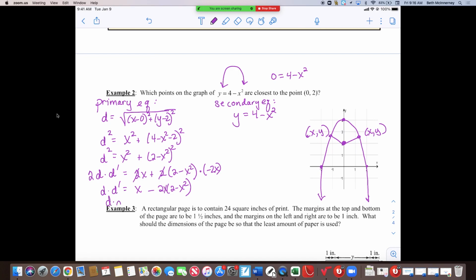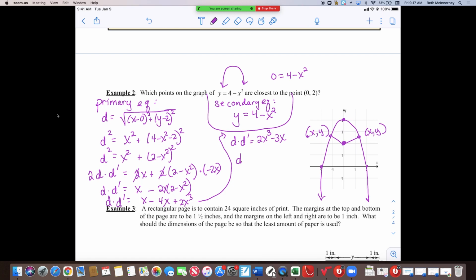Some rough algebra here. So that's x minus 4x plus 2x cubed. So this is d times d prime equals 2x cubed minus 3x.